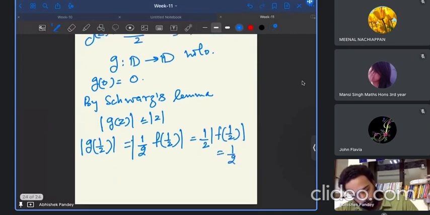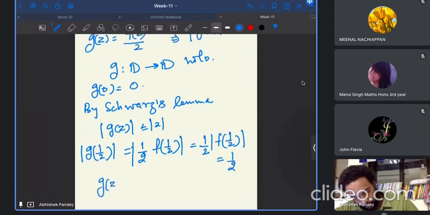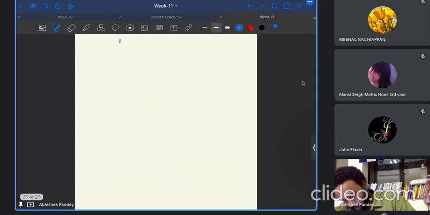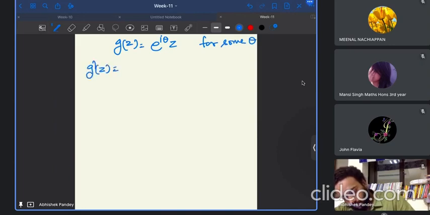It means that g(z) is lambda z for some lambda with modulus 1, so that is g(z) is e to the power i theta into z for some theta.